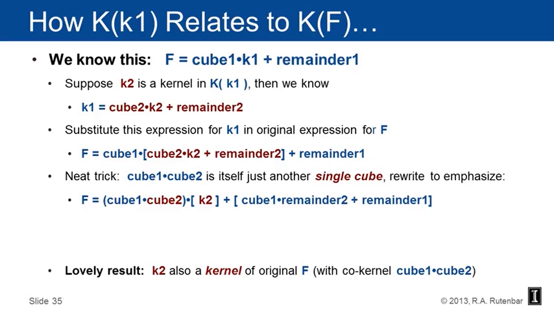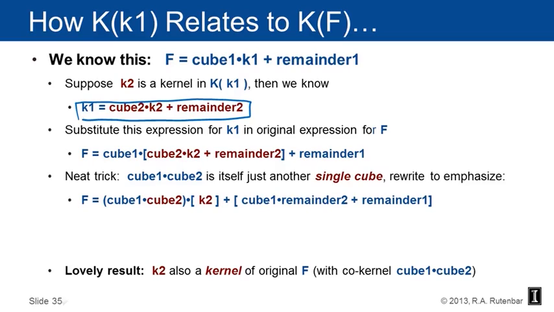So this is an informal kind of derivation. We know that F is cube 1 times K1 plus remainder 1 because K1 is a kernel. Now suppose K2 is a kernel inside K1. Then I now know that I can write K1 as a cube times K2, which is a kernel, plus remainder 2.